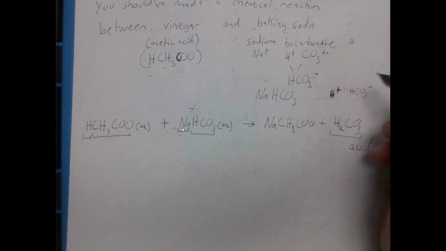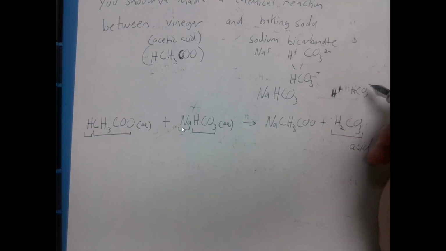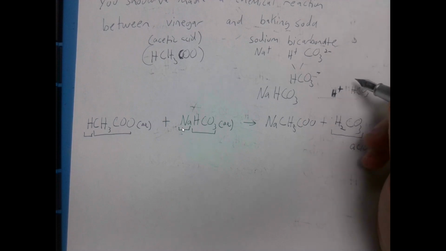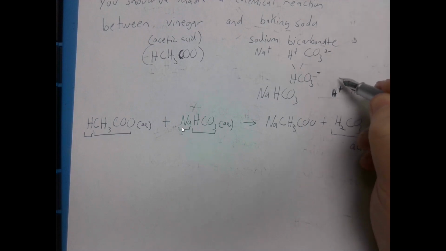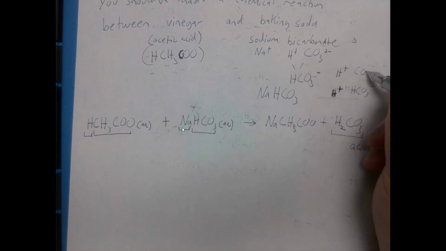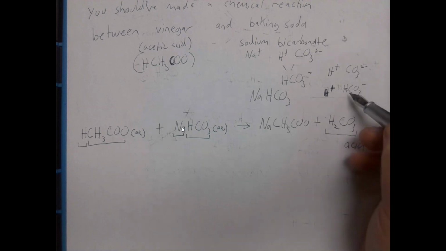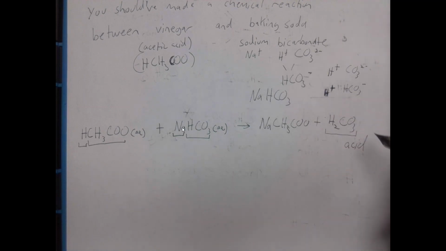Well, we have a hydrogen plus, I'll tell you already, this is where it's weird. The other H is really going to do H plus and CO3 2 negative. This H is going to be combined like that.